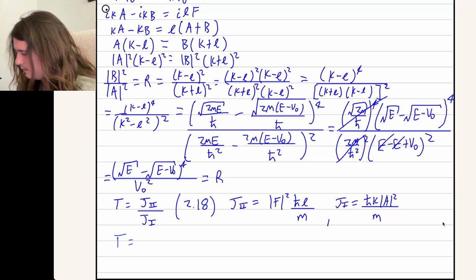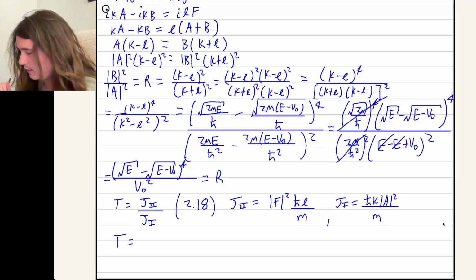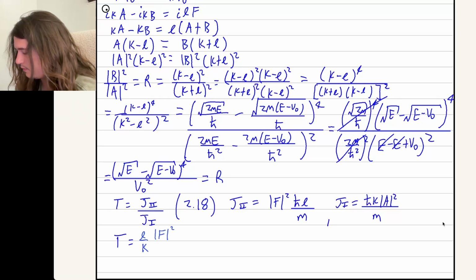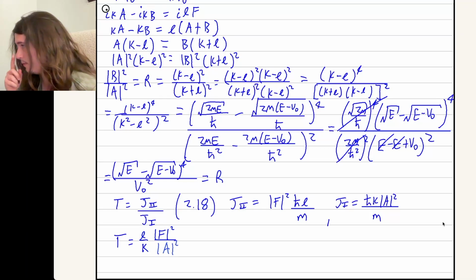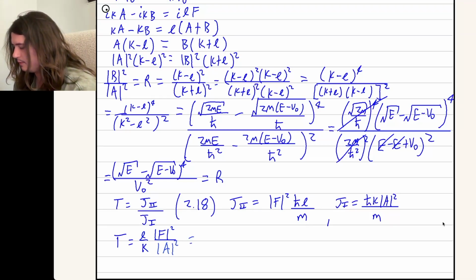And so the transmission coefficient is just this divided by this. So T is just l over k times mod F squared over mod A squared. And we can plug in what we have for l and k.